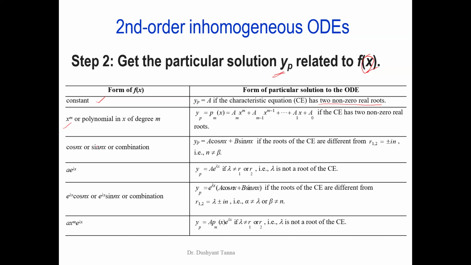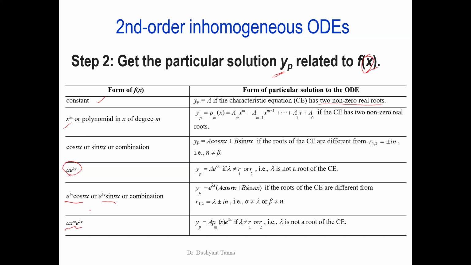It could be a cos or sine combination, either cos or sine or any combination. It could be A e power lambda x, some powers of exponential, or e lambda x cos, e lambda x sine, or a combination. And the final case is A x^m e power lambda x. It could be one of the 6 types. Of course, there is a different set as well, which I'll talk about in a while.